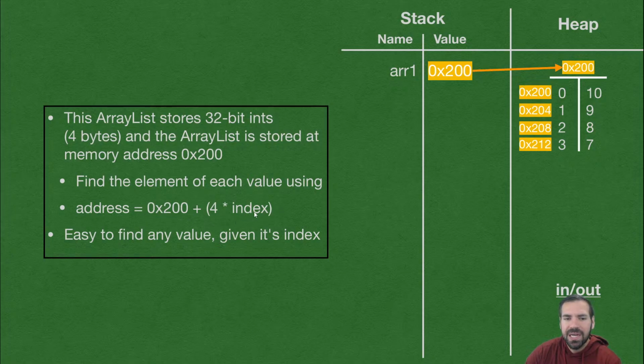If I want the value at index 0, this part just zeroes out, and then we get just 0x200, the location at index 0. This is at least partly the reason why we start indices at 0. One is so this equation just works out, but in general, it's so all the math works out nicely if we start indices at 0, or else we'd have to have index -1 here, or memory address, I don't know, -4, minus the size of it.